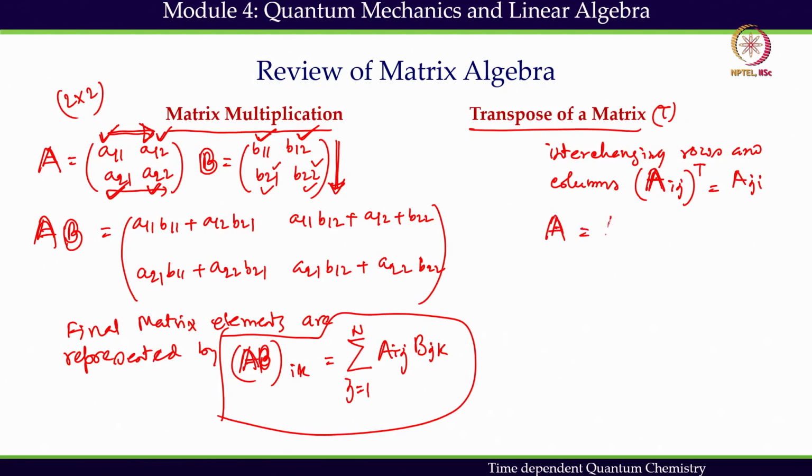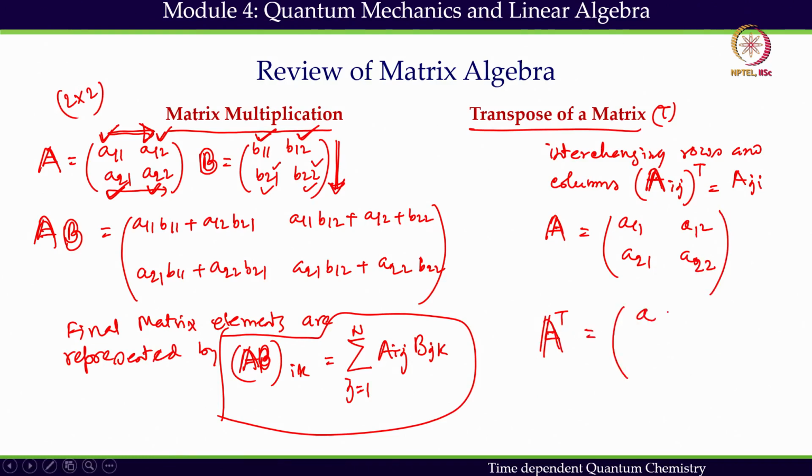If I have a matrix like this, A11, A12, A21, A22, then the transpose of the matrix is given by this.